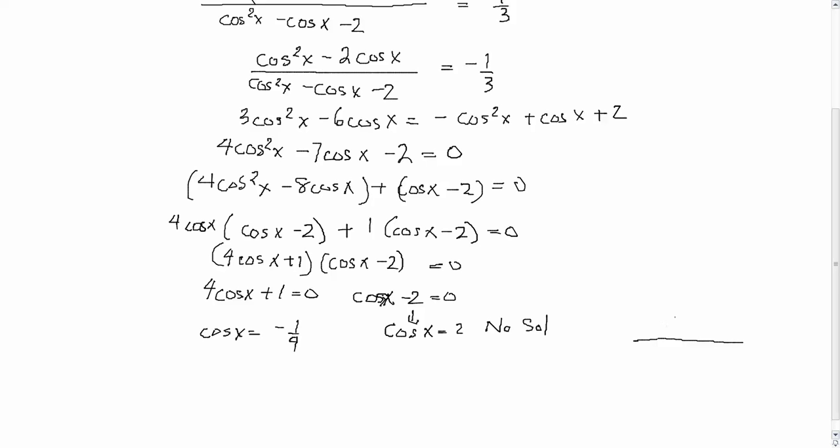And remember, we have to look for where cosine is negative. Using the CAST rule, we can see that cosine is negative in these two quadrants, quadrant 2 and quadrant 3. And so we'll throw that into our calculator.